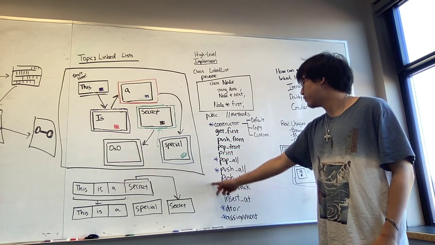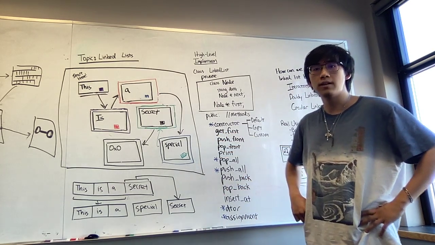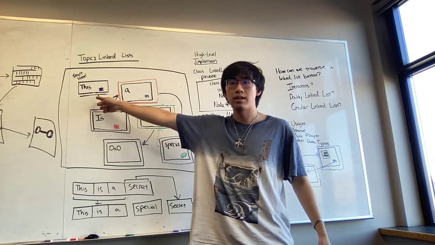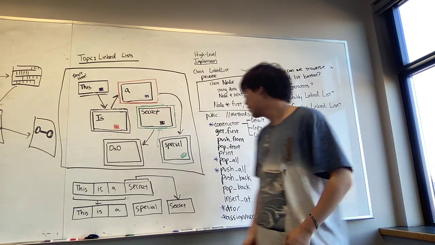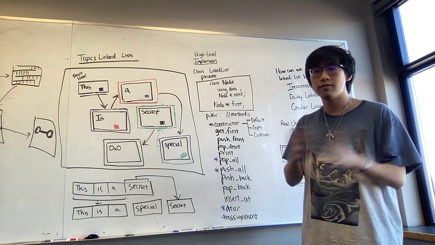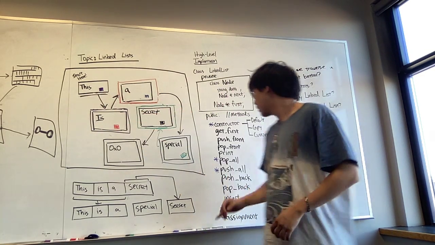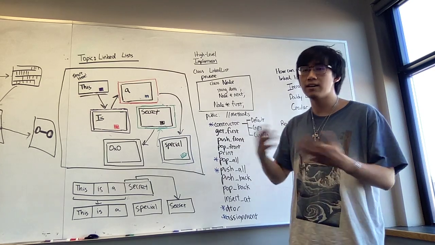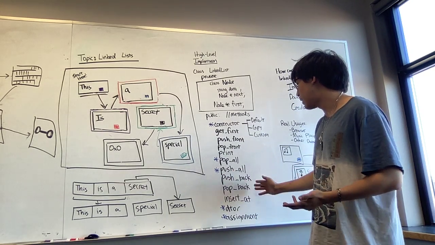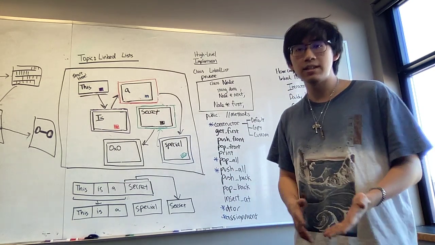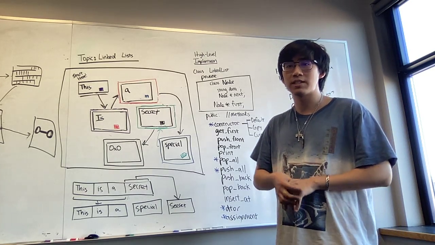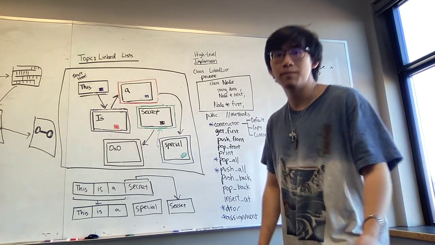And here's a variety of different functions that you may be using, like get first, which gets the first node, like this one right here, where we started at, or pop front, which gets rid of the first node, so you change the first node to be "is." Push front, adding another node to the front, push back, pop back, etc. The implementation details will be in the specifications for project 4.